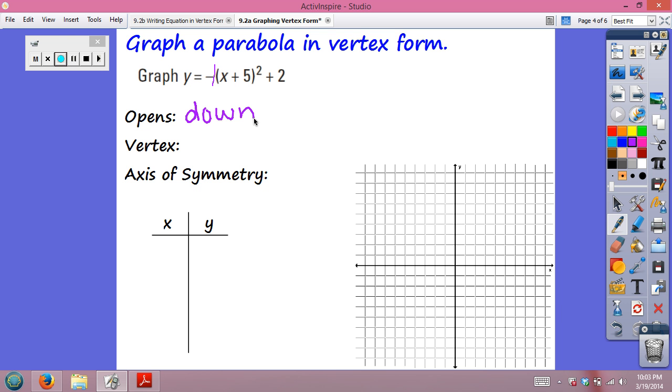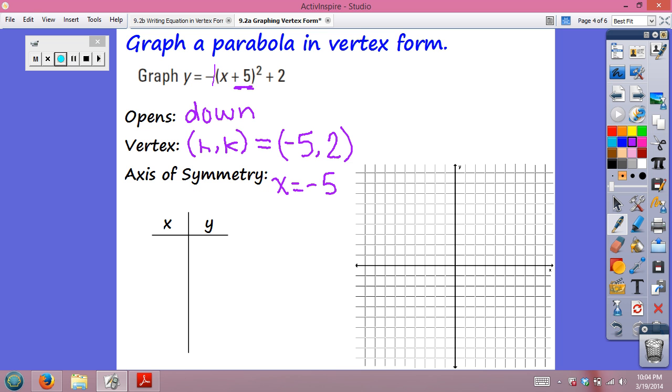Our vertex is at the coordinate point (h, k), and remember that our h is negative by default, so that means that in this equation, our vertex is (negative 5, positive 2), and the axis of symmetry is at x equals negative 5.